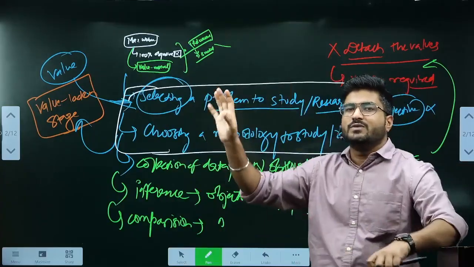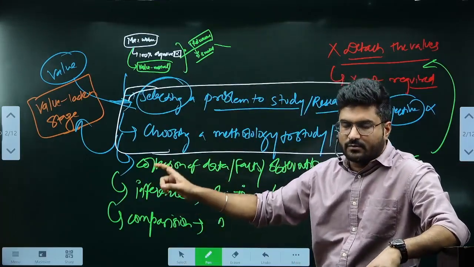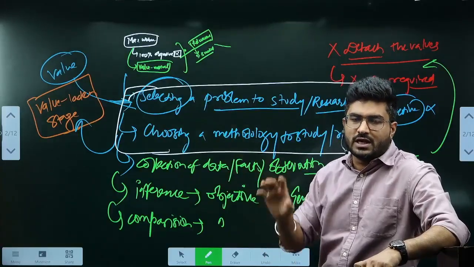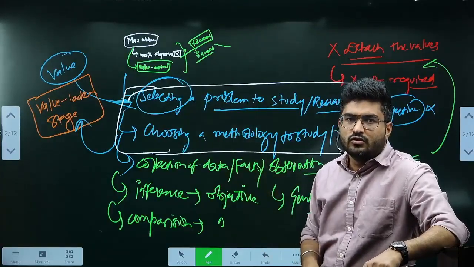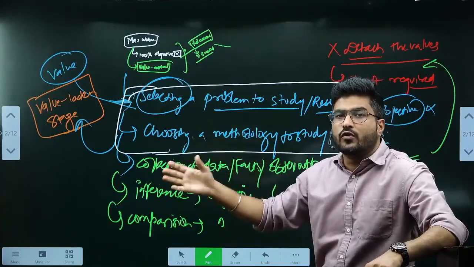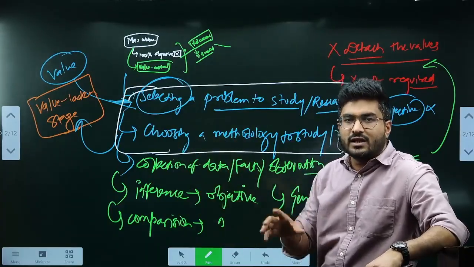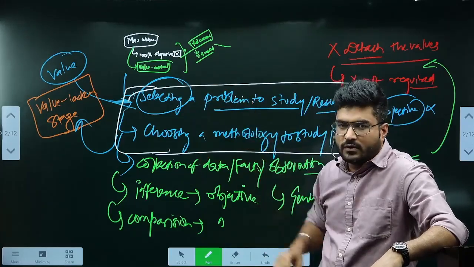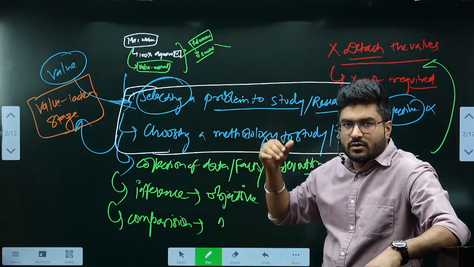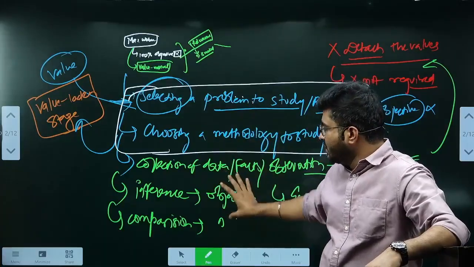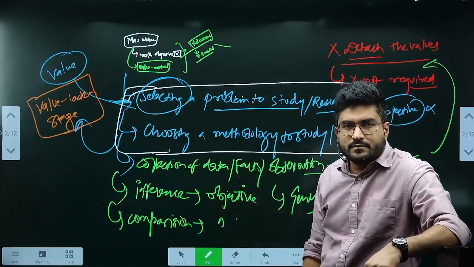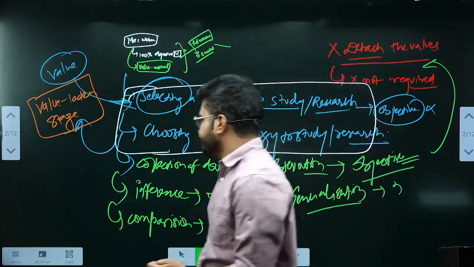But finding real objectivity is very difficult in social sciences, in sociology. So we have to look for value neutrality, where there will be relevance to values at two stages of your research process. Then you should be valueless, you should be objective.